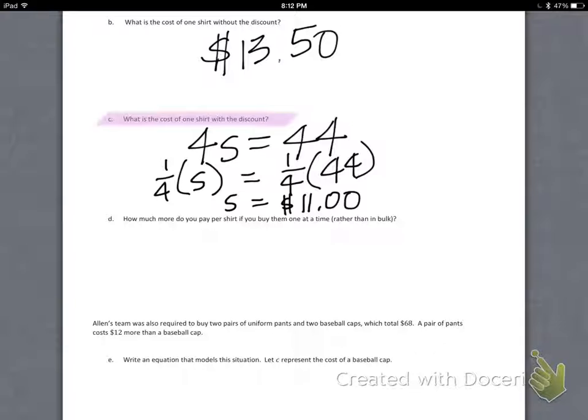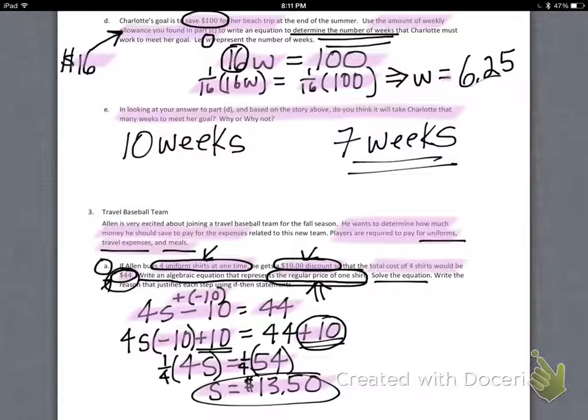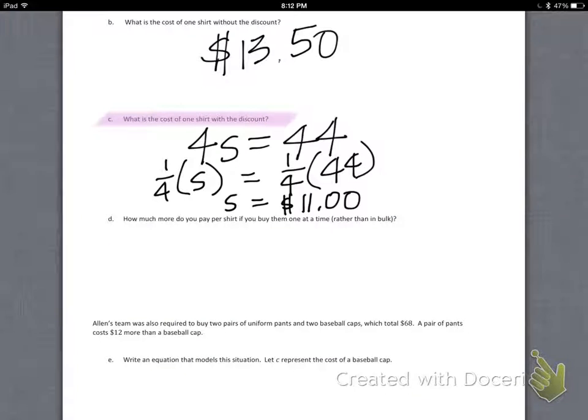Okay, hopefully you found this to be pretty simple. If you just go back to our original information, we know that he paid $44 for 4 shirts. So all we needed there was 4s equals $44.